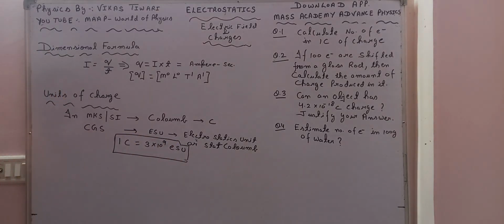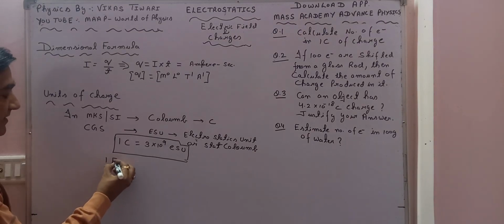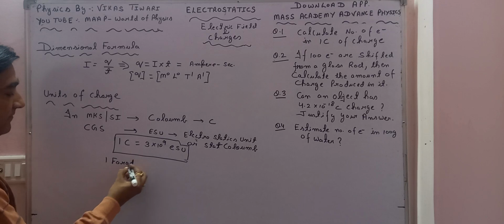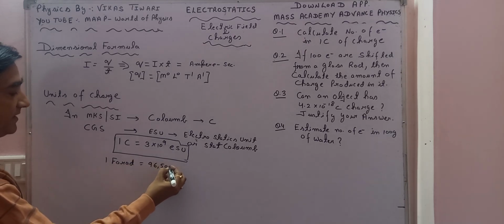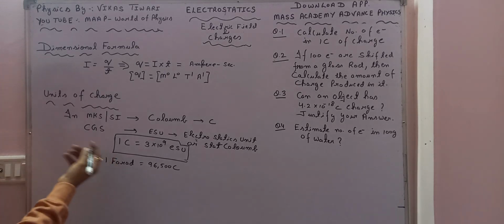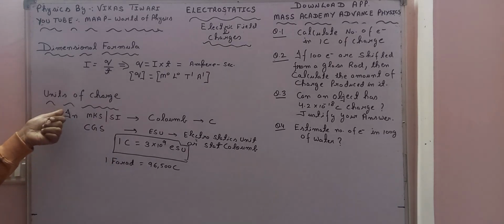There is one more bigger unit, and that is considered as faraday. 1 faraday is equal to 96,500 coulomb. So this is the biggest unit in terms of magnitude for charge.